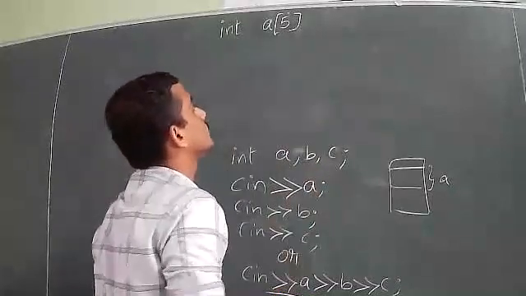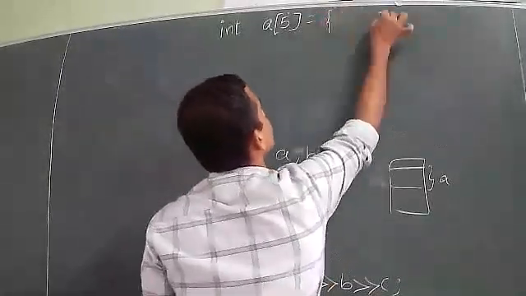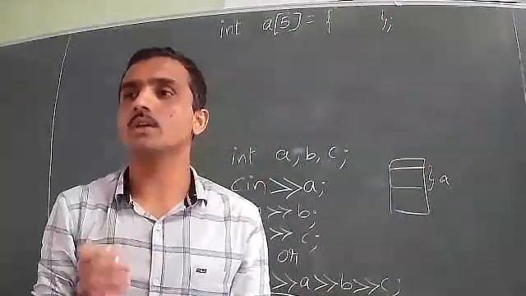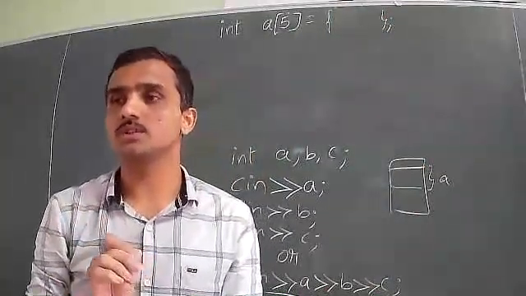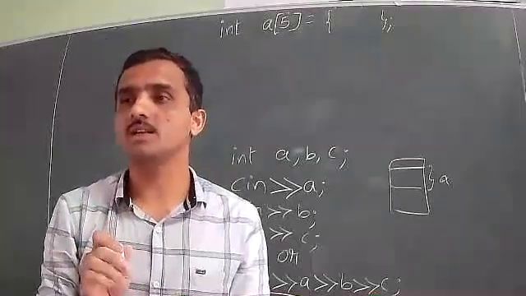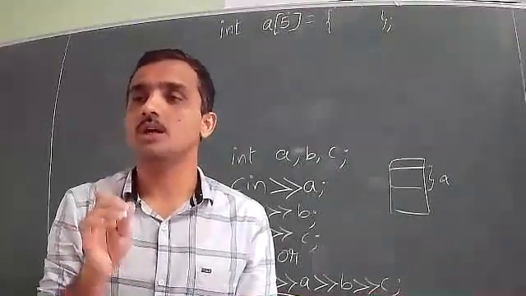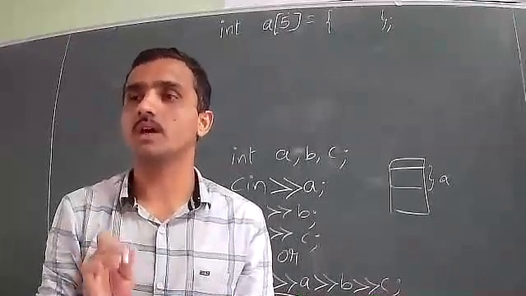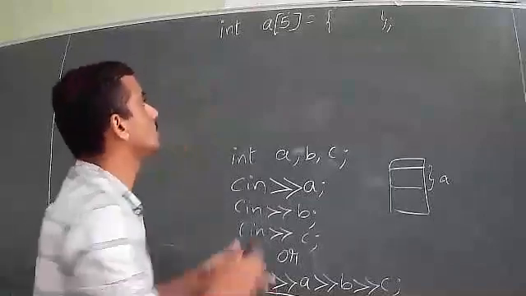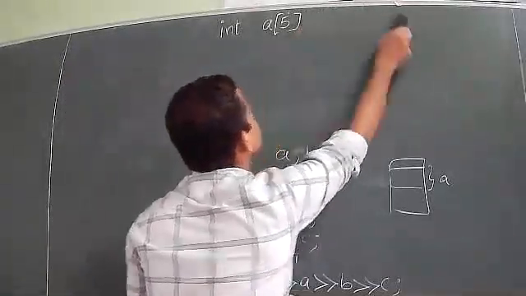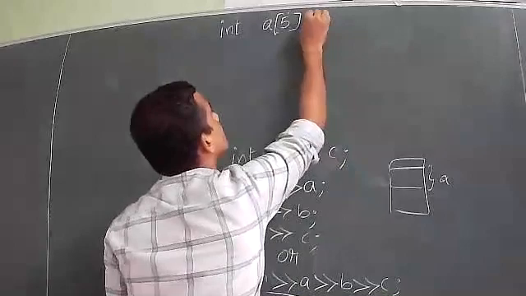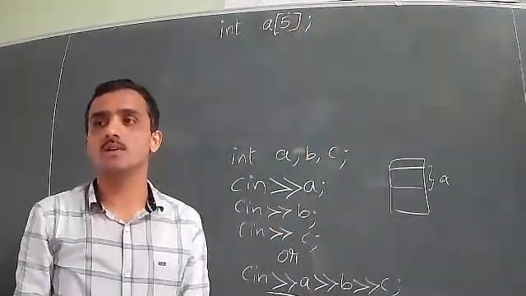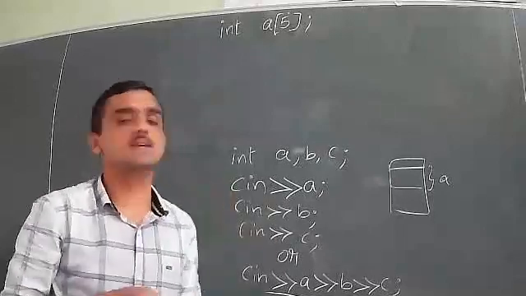You should not say equals to square bracket values, because first we are giving an input value. Input value means on the console screen, the black screen, the user will type the value from the keyboard, and those values are stored in the computer memory. So here we are not writing values directly in the program. So immediately after the declaration of an array, you stop and put the semicolon. That's all. Don't initialize the values.